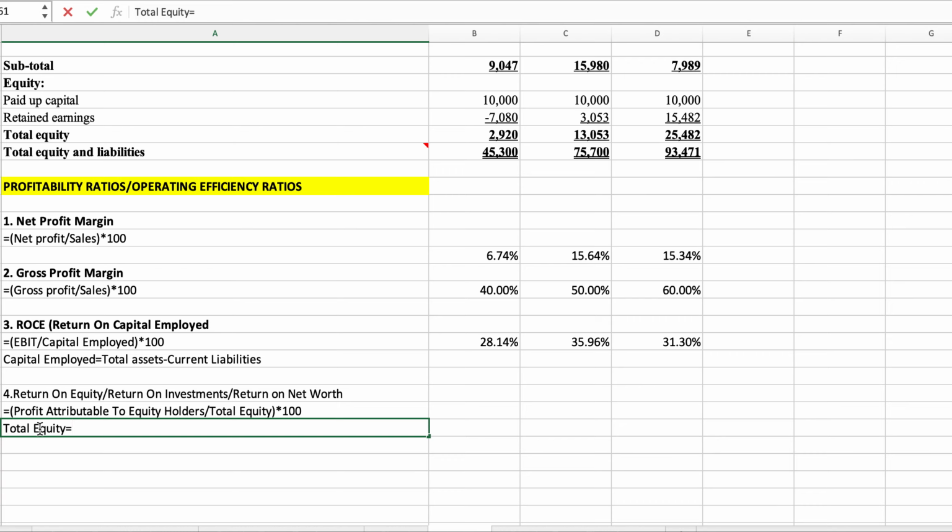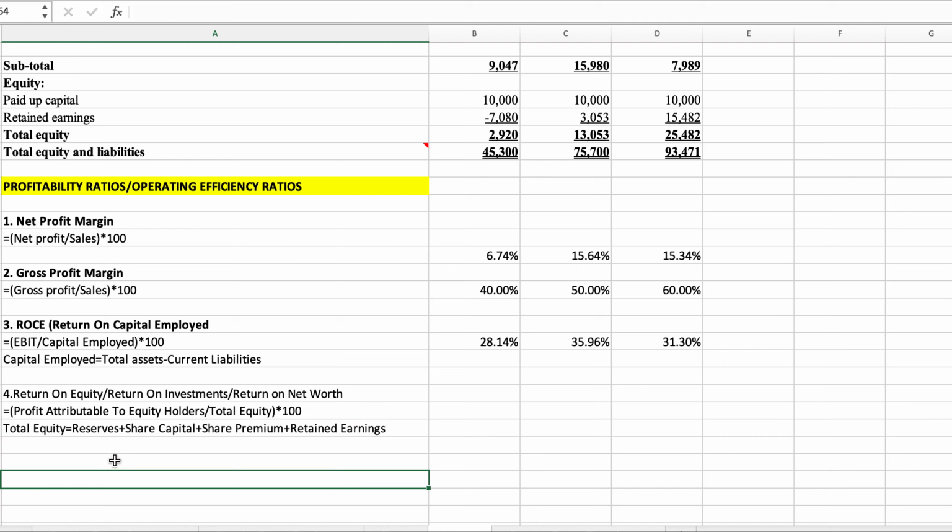It is given by reserves plus share capital, plus share premium, plus retained earnings.